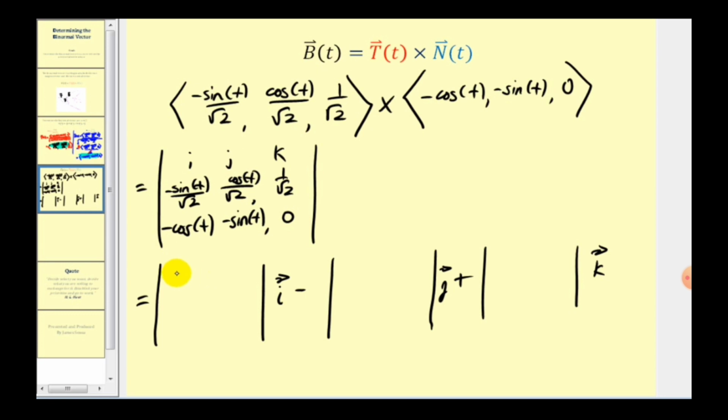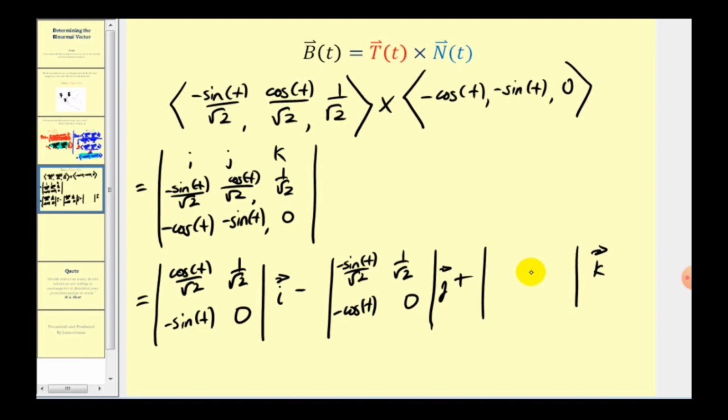So here we're going to eliminate row 1 and column 1. Here we'll eliminate row 1, column 2. And then lastly, we'll eliminate row 1, column 3.